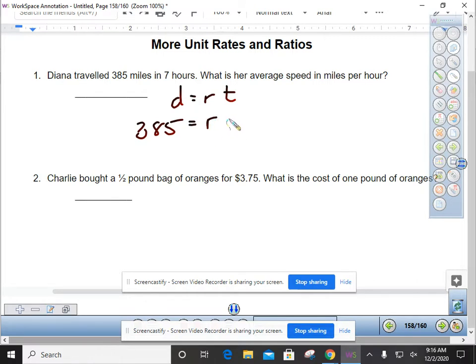The rate. What is the time? 7 hours. So we simply divide by 7. Make sure you're writing.